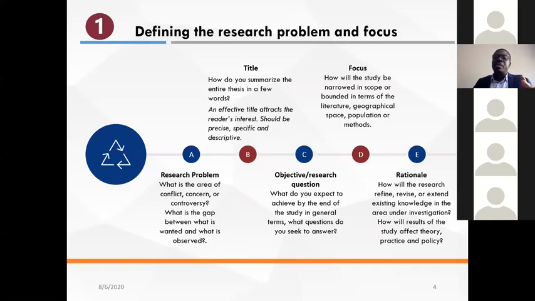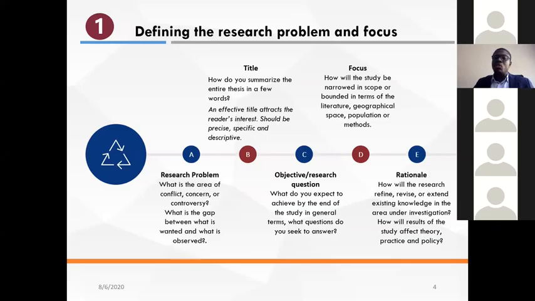And remember, the title is a summary of the entire thesis. And you have to do that in few words. It doesn't have to be verbose. So an effective title should attract the reader's interest and should be precise, specific, and descriptive. Once you've decided on the title based on your research problem, you go ahead and formulate your objective and the research question.